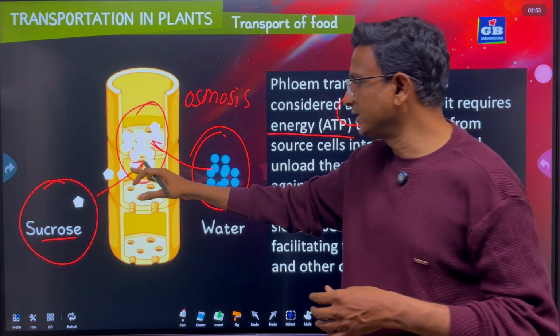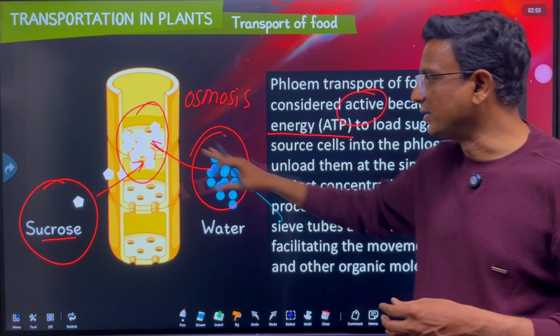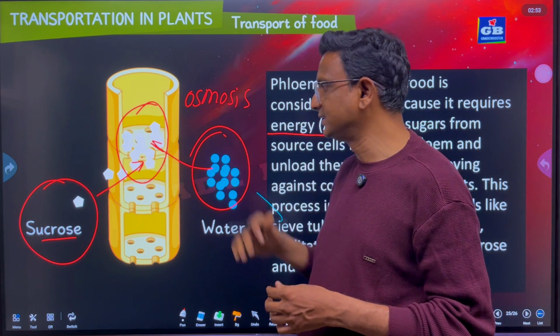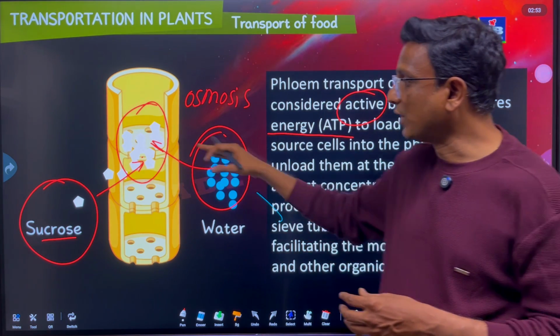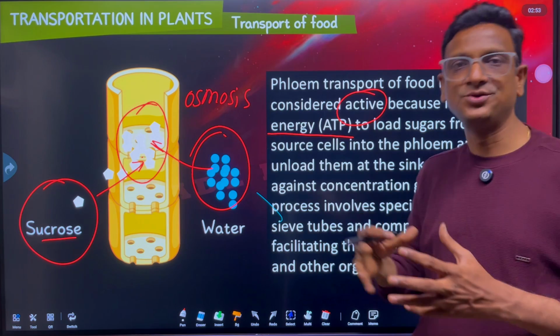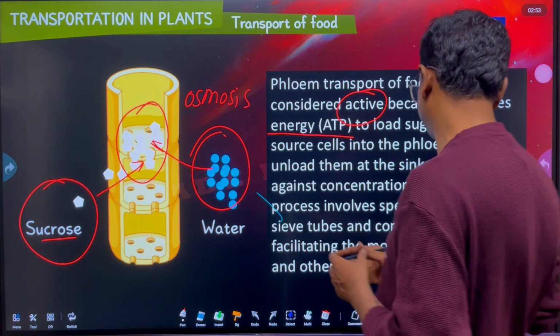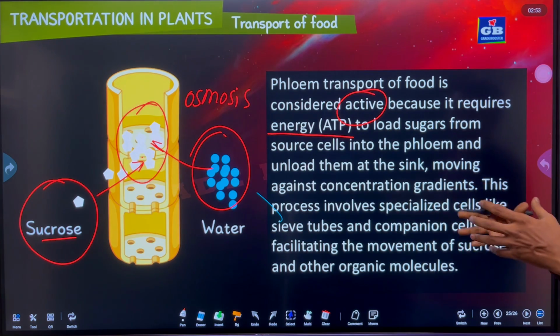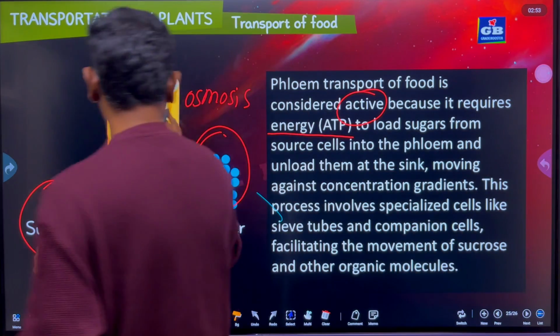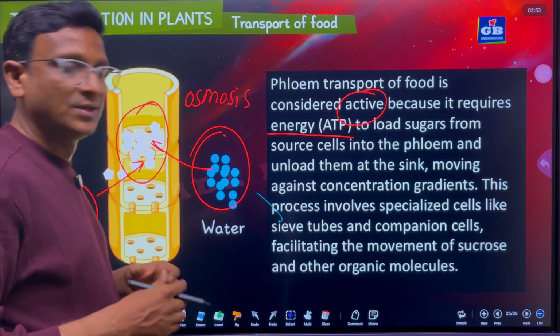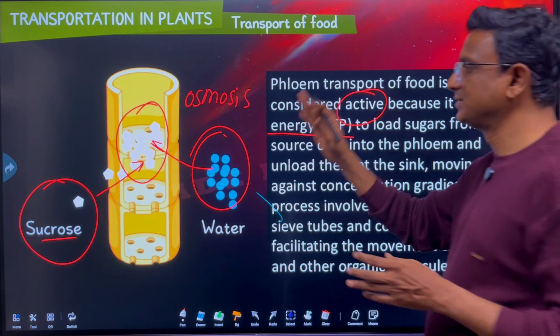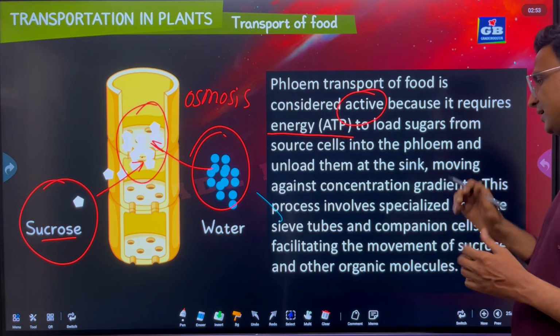Here there is more sugar, and there is more water outside. So less water inside, the water enters into this phloem tissue. Now the water and the sugar mix together, they form a sap. The sugar sap that is formed here moves in different directions, right?